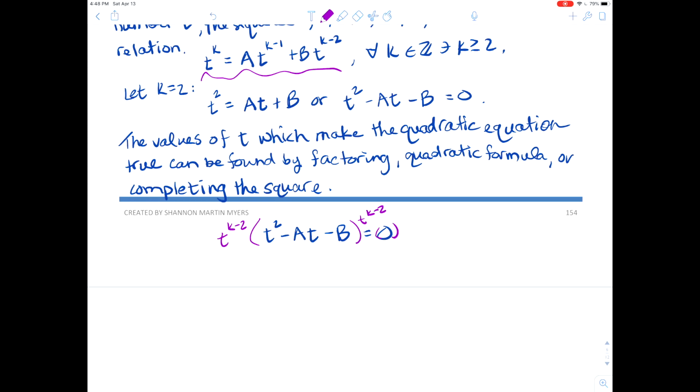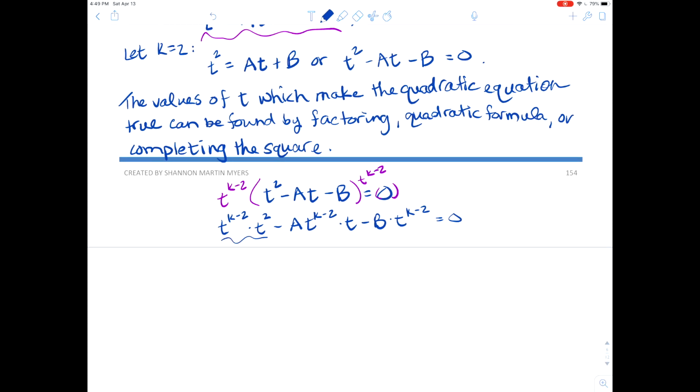Well, let's check it out. We'll have t to the k minus 2 times t squared minus a times t to the k minus 2 times t to the 1 minus b times t to the k minus 2 equals 0.